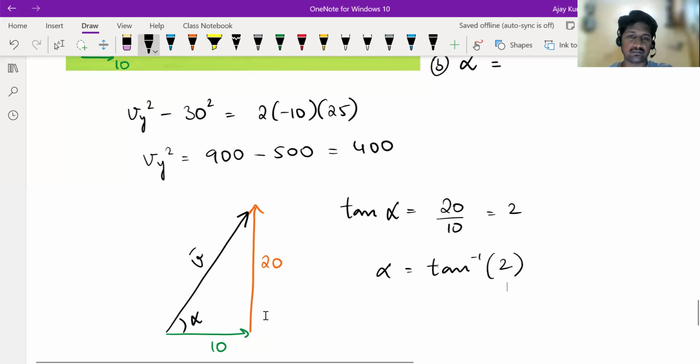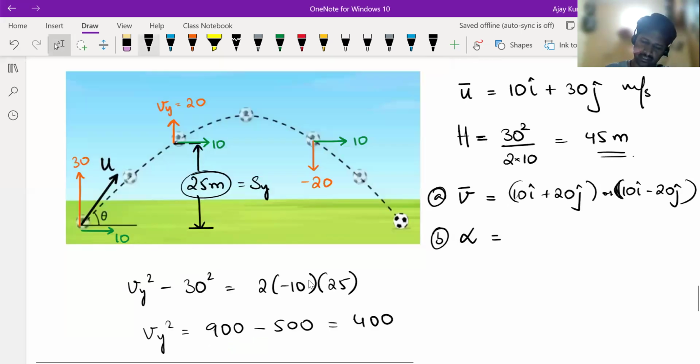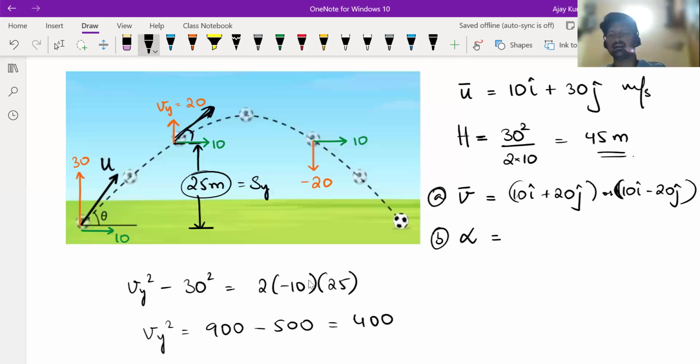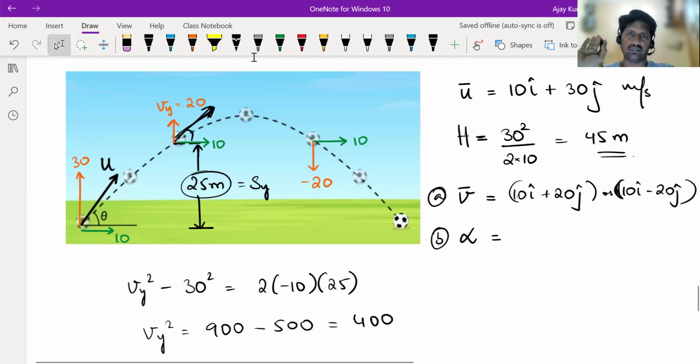And just a moment, I'll look up this angle on Google, tan inverse of 2. We don't know the initial angle also, never mind. So at that height, the angle at which the ball will be moving is tan inverse of 2. So like this, you can tell the angle at any height. All you need to know are the y component and the x component. X component is known. All you need to do is calculate the y component carefully.